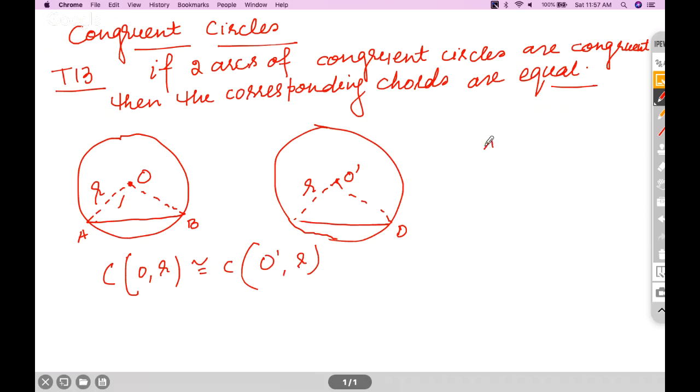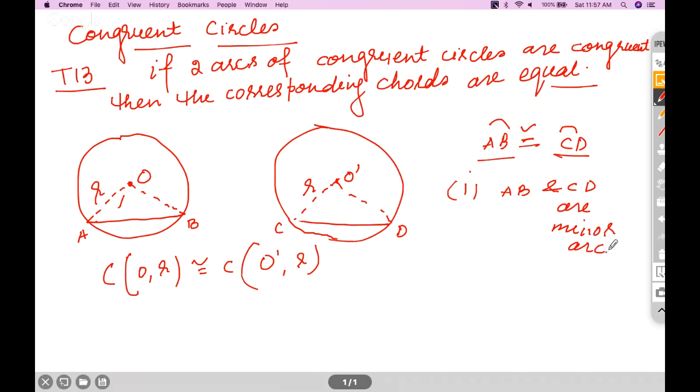Now it has been given to me that chord AB is congruent to chord CD. So what I can do is, first case, AB and CD are minor arcs.